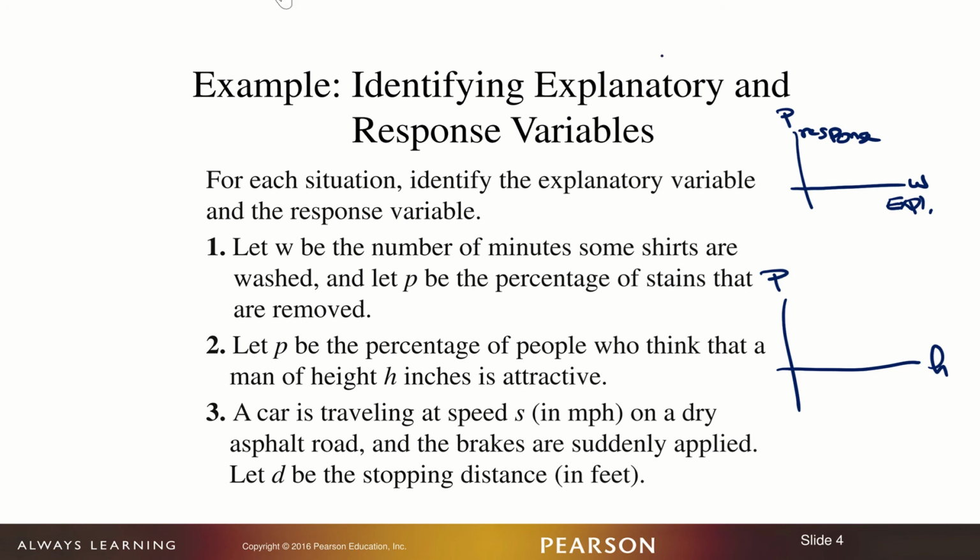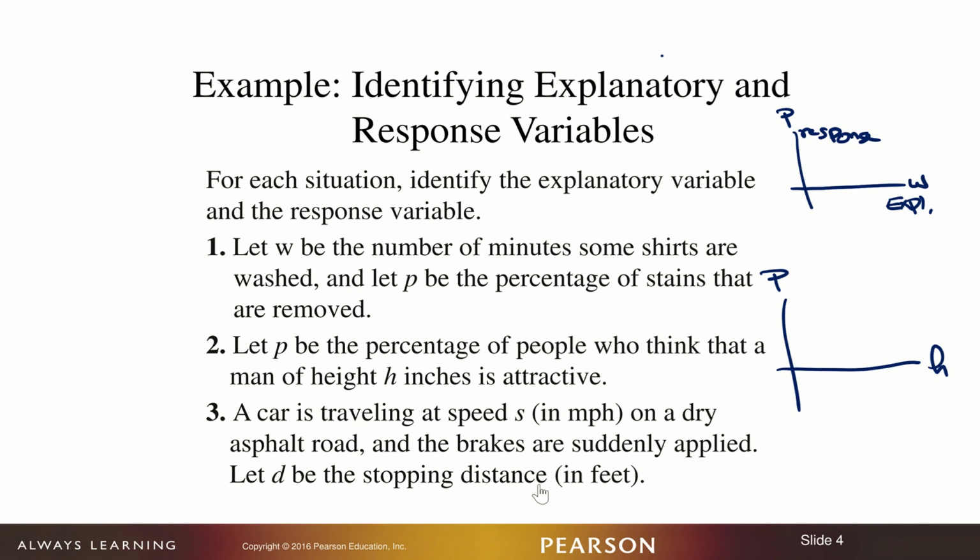Next, we have a car traveling at speed S in miles per hour on a dry asphalt road, and the brakes are suddenly applied, and D is the stopping distance. Which do you think affects which? Well, normally we know that it's the speed that affects the stopping distance.